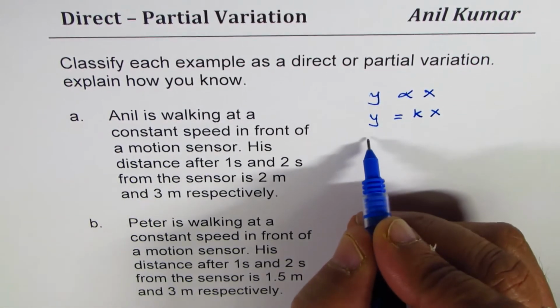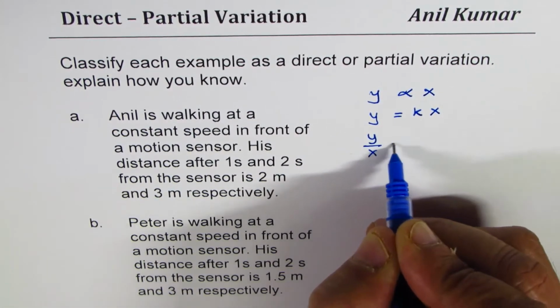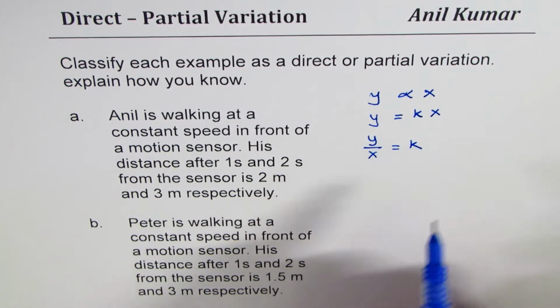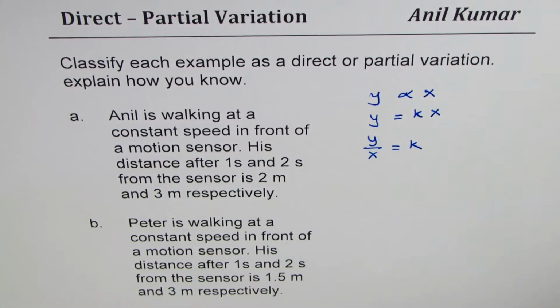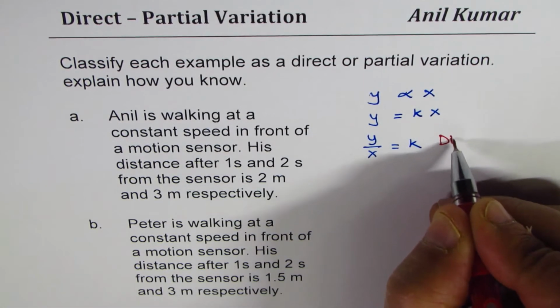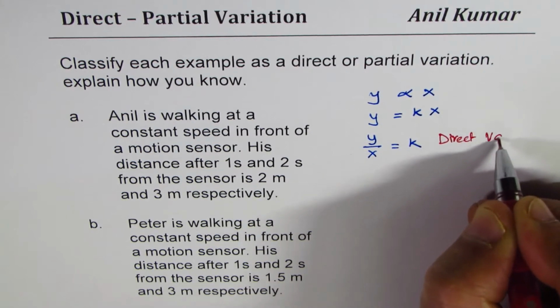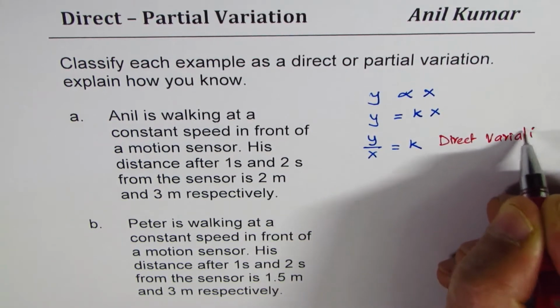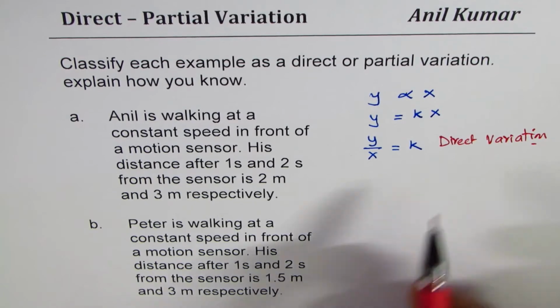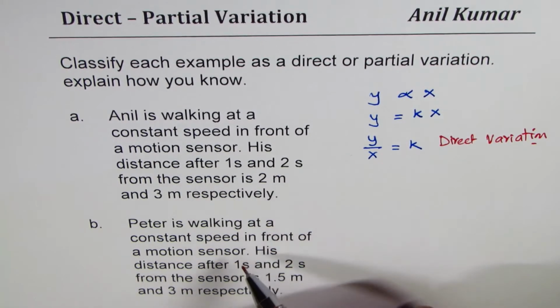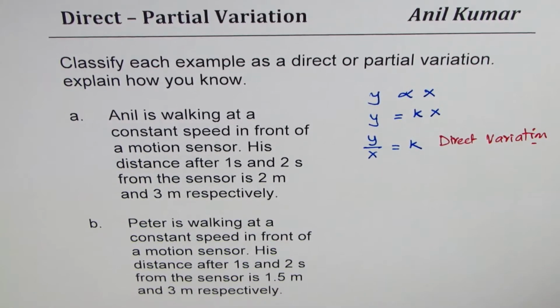That really means that the ratio of y and x is always constant for direct variation. Let me write down. Let us check whether we have direct variation or not.